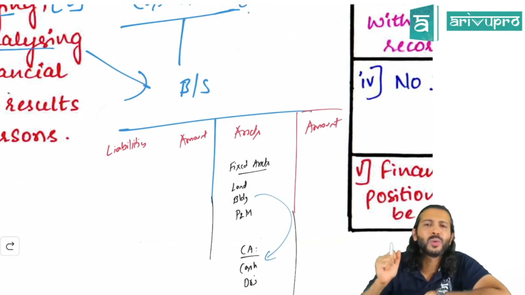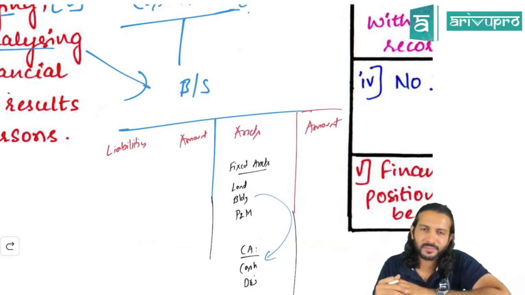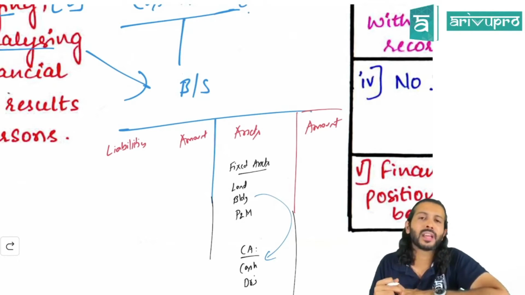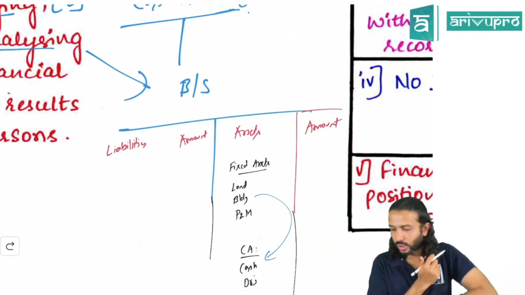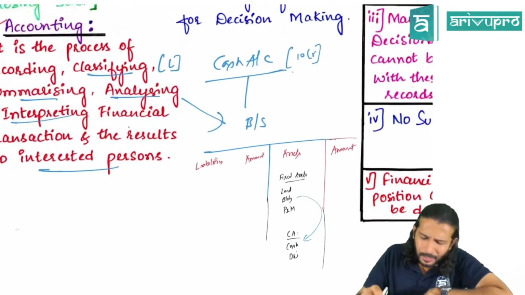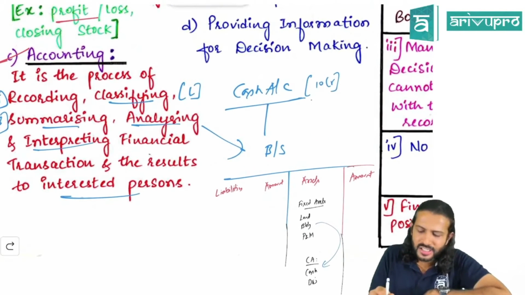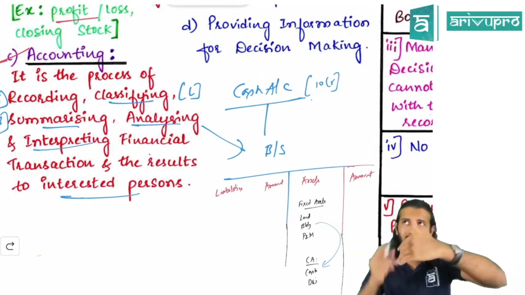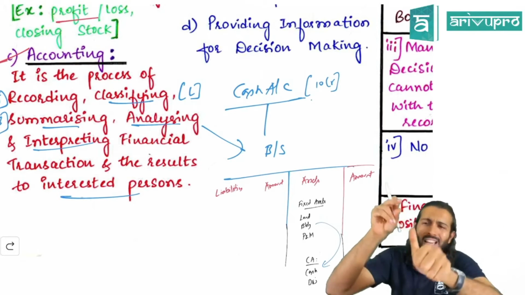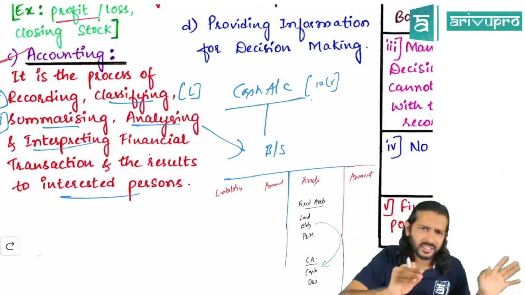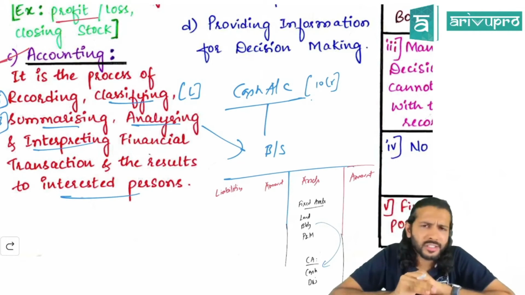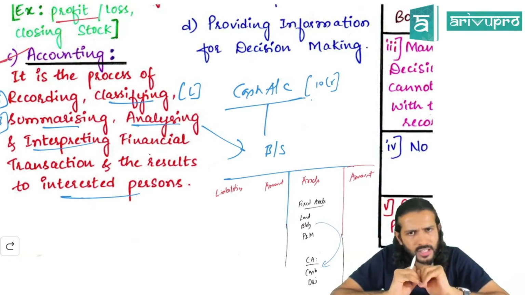Which statement will give you the company's profit? The profit and loss account, correct. So basically, by analyzing financial statements, I'll check the balance sheet, I will check the P&L, then I will decide which company's shares I should buy or not.